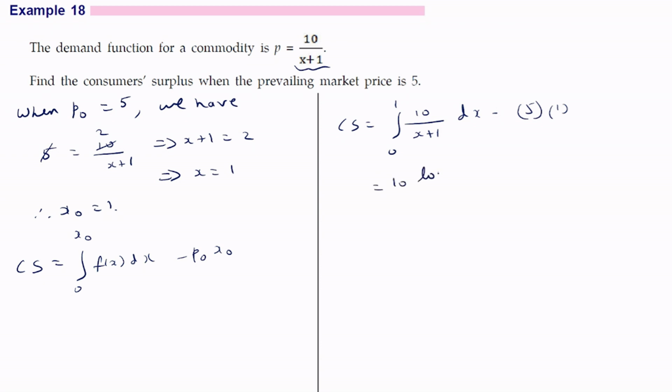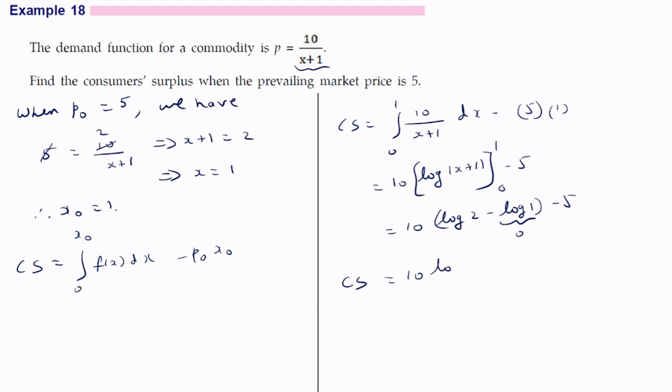So this is 10 into log mod x plus 1 with the limits 0 to 1, minus 5. So this is 10 into log 2 minus log 1, minus 5. Log 1 is 0. So the consumer surplus is given by 10 log 2 minus 5.